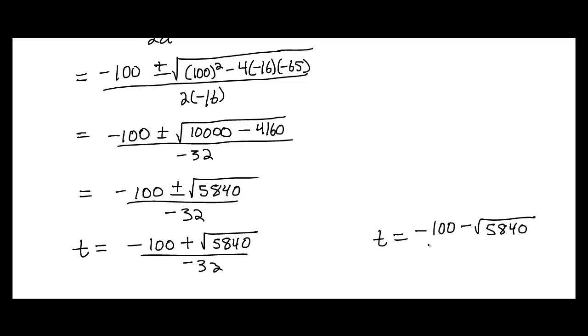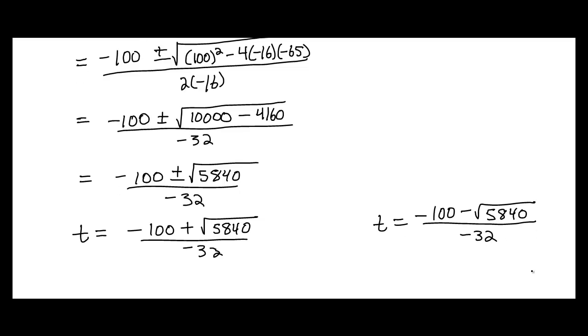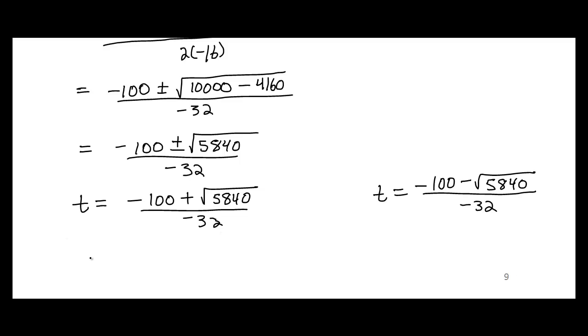Then I'm going to put these two in my calculator, and that will help me round to 2 decimal places. The result I get when I plug in my first solution is 0.74 seconds. And when I plug in my second solution, I get 5.51 seconds.